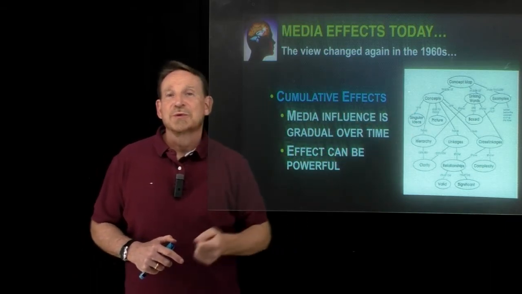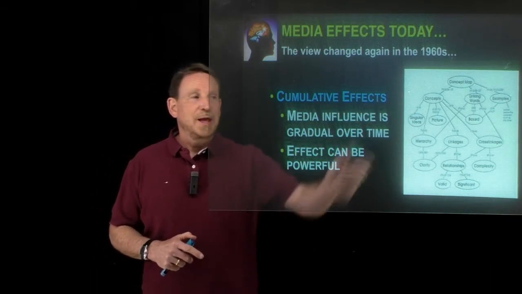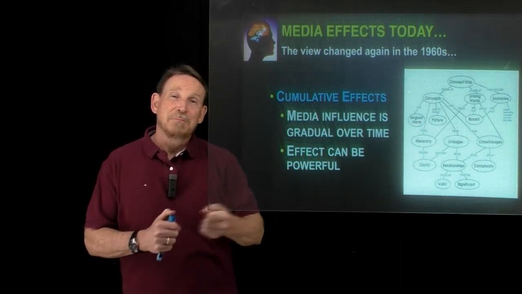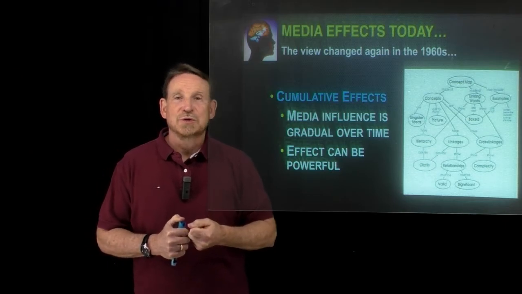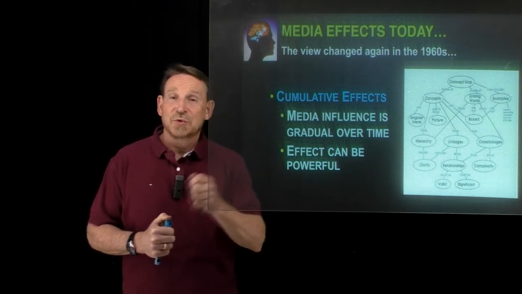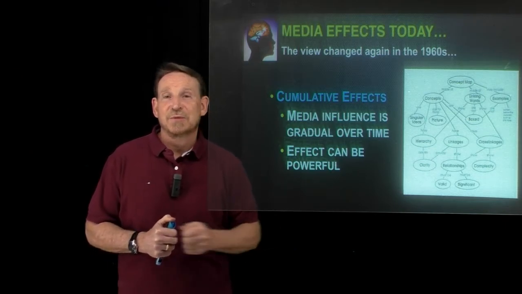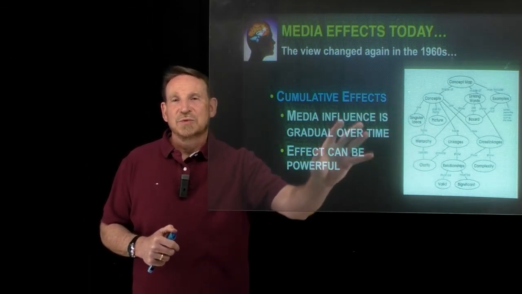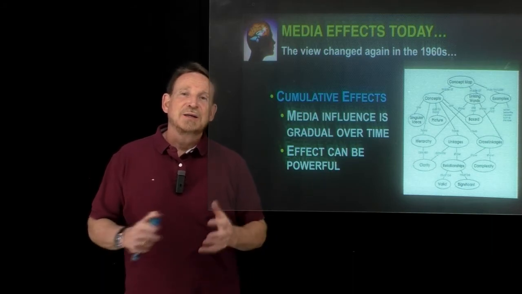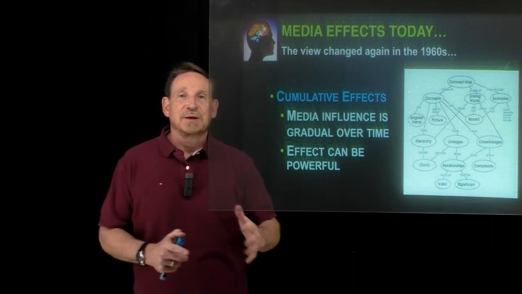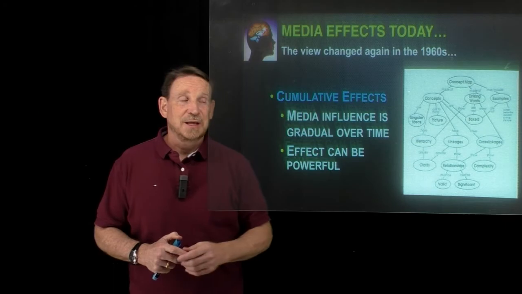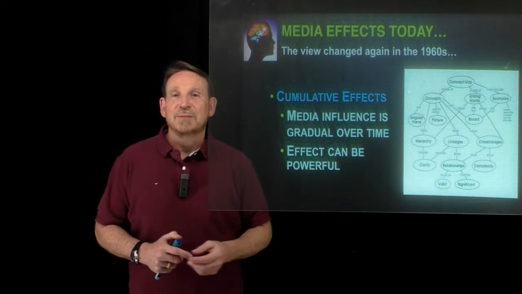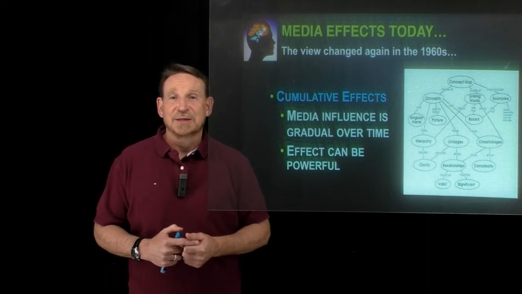Maybe we have some of those concepts already in our minds, and our exposure to media messages ends up building stronger connections between those different concepts, or building new connections among a variety of other concepts. So this cumulative exposure model is really built on the cognitive psychology that was happening during the 1960s, 70s, 80s. And it's a very important one that we use today to think about the way we engage with media messages.